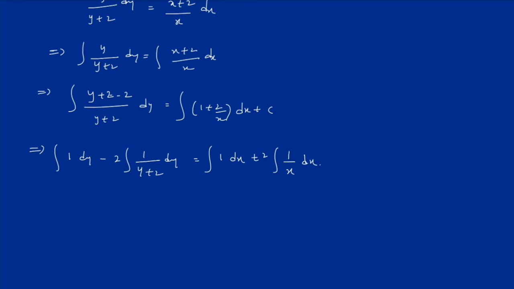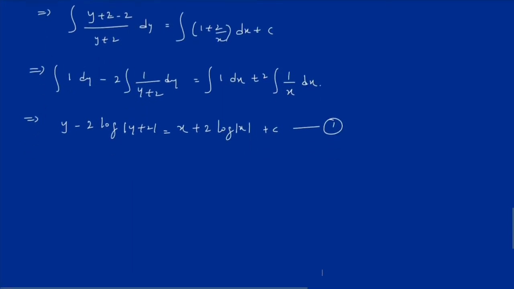So now integrate: 1 with respect to dy is y, minus 2 log of y plus 2, which equals x plus 2 log x plus c. Take it as equation 1.